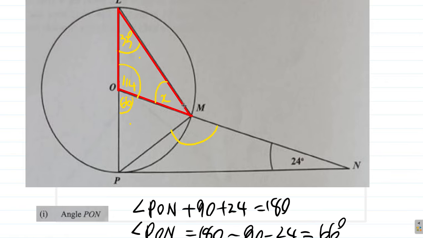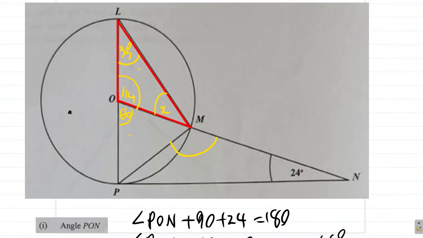Guess what? You notice here you have a diameter and you have this angle lying on the diameter. From your knowledge of circle theorem, what does that tell you about this angle? Angle PML. What is angle PML?